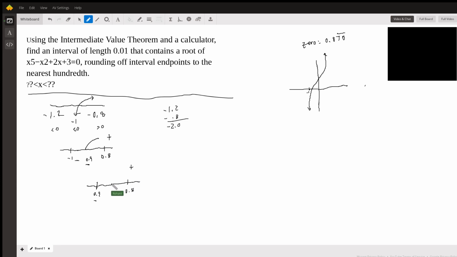Well, now we try another midpoint here, which is -0.85. And my calculator tells me -0.85 gives me a positive.